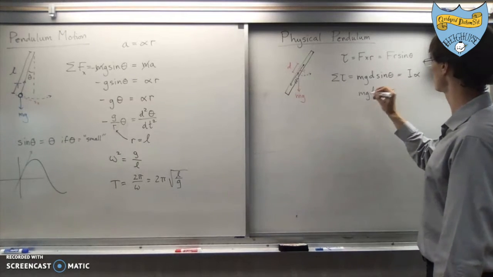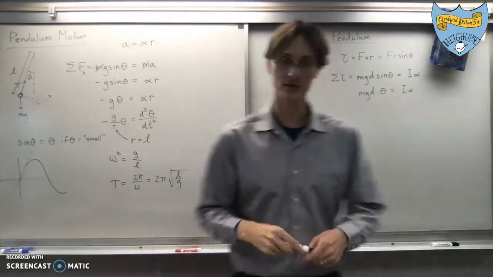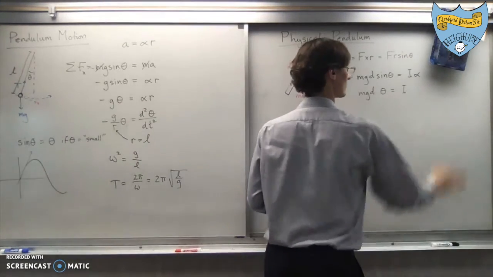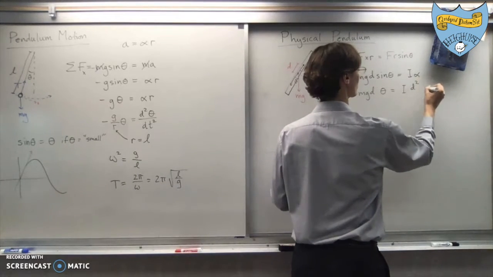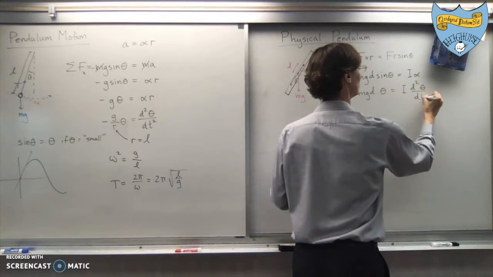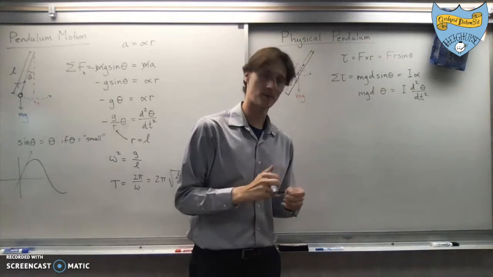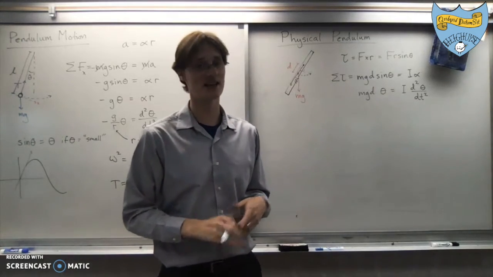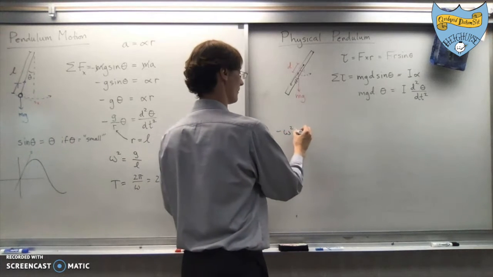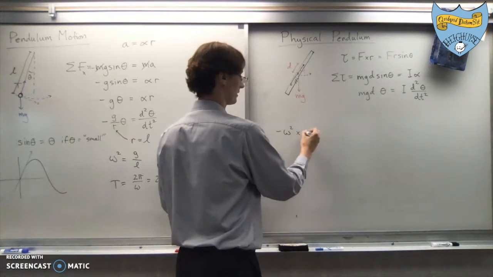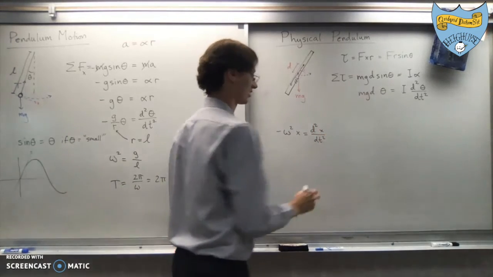So here we got mgd theta equals I alpha. Another substitution is same as we did for the simple pendulum. Alpha is the second derivative of theta. And also, remember, we've got to somehow get a negative sign in here because it has to look like negative omega squared times some kind of position equals the second derivative of that same kind of position.